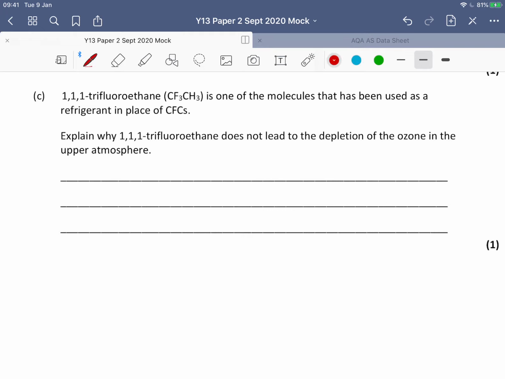So this whole question, by the way, is about halogenoalkanes. And if you think about the halogenoalkanes you've ever done mechanisms for, you will have never done a mechanism involving fluorine.